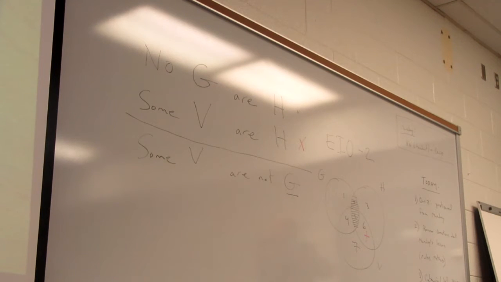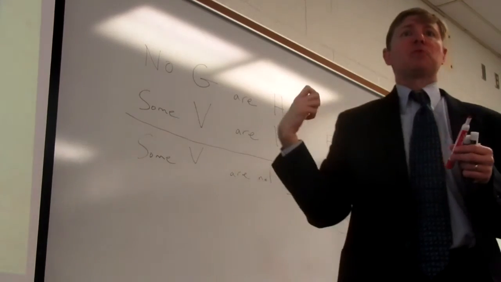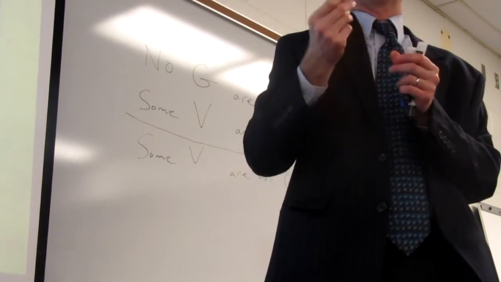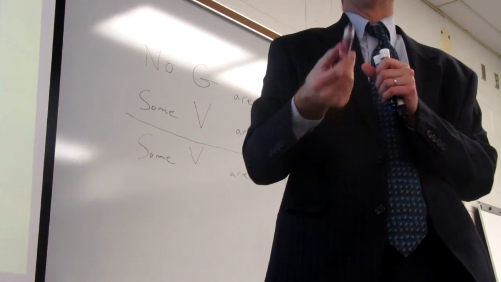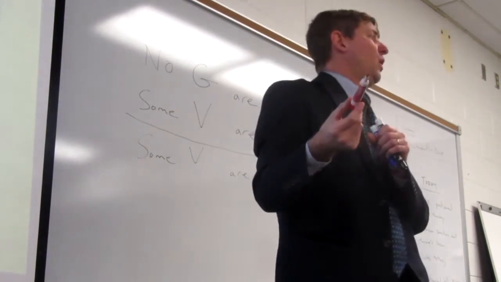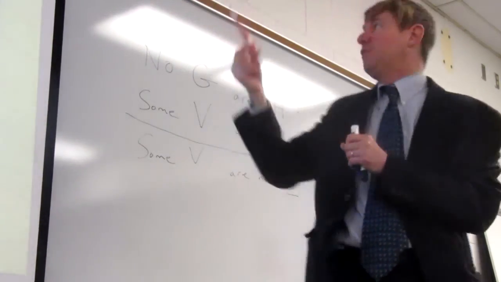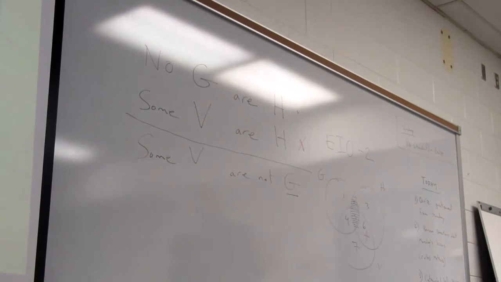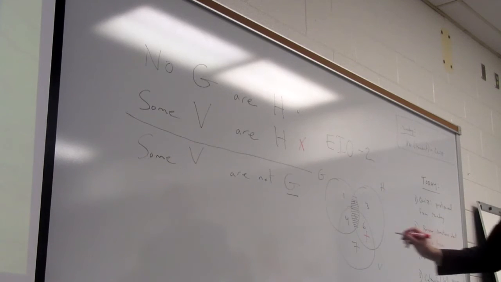That's why the rule is, if you've got 2 premises, one a universal and the other a particular, always diagram which one first? Universal. Yeah, always diagram the universal one first, regardless of the order of them. Now, we can call the question: is some V or not G diagrammed here? Yeah, we already said it was valid, so yes.